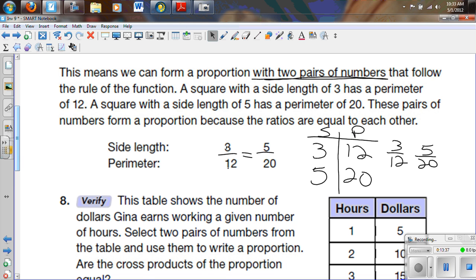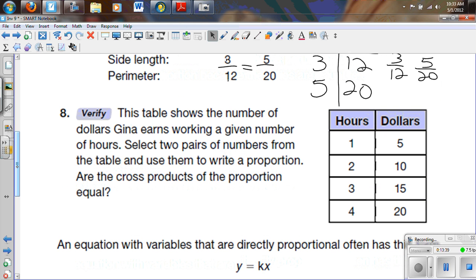So we can look at other examples of this. It says this table shows the number of dollars Gina earns working a given number of hours. Select two pairs of numbers from the table and use them to write a proportion. And then, are the cross products of the proportion equal? So if we look at 1 to 5, is that the same as 2 to 10?